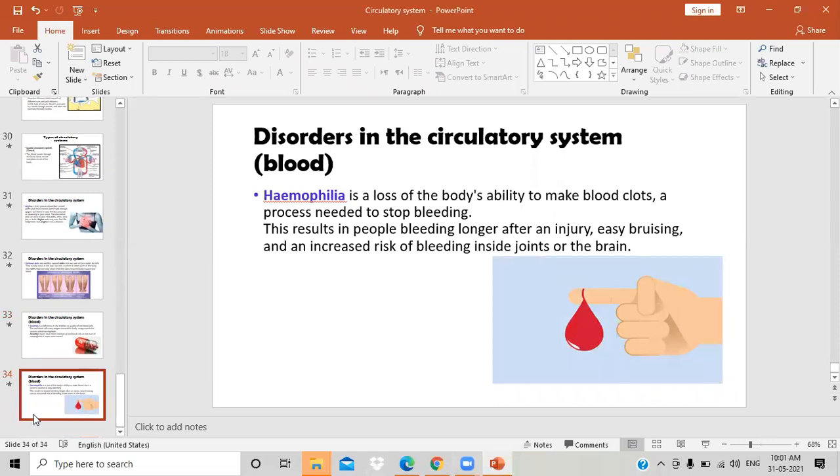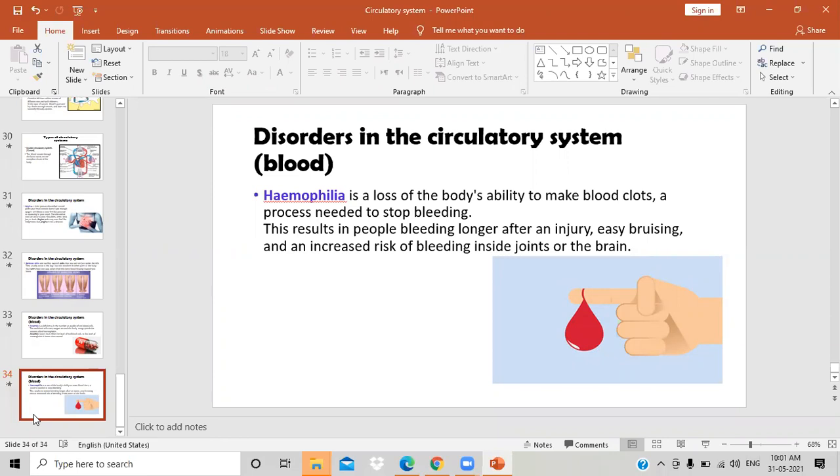Hemophilia is a disorder where someone cannot stop the bleeding. I told you that the platelets, once you are injured, rush to the injured site and start to form a crust, which stops the bleeding after a while. People who have hemophilia do not have this option.